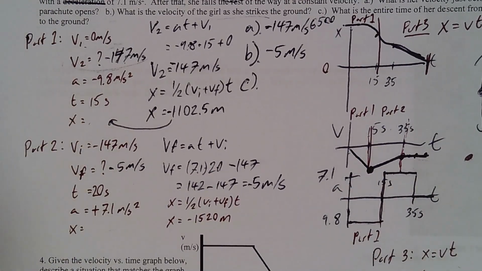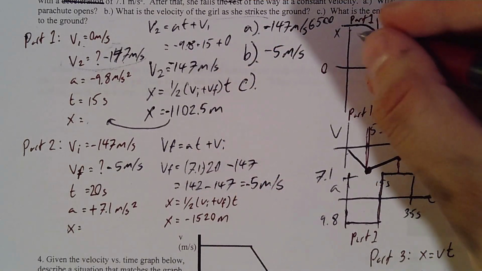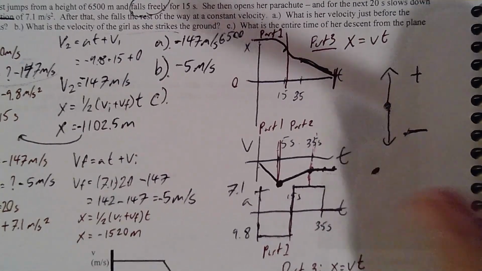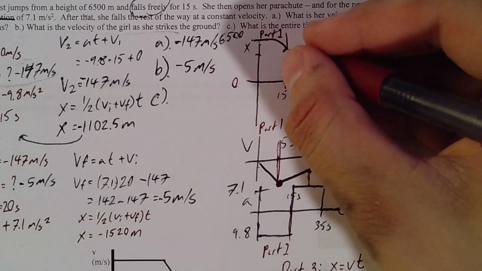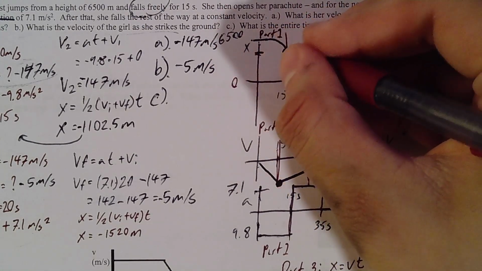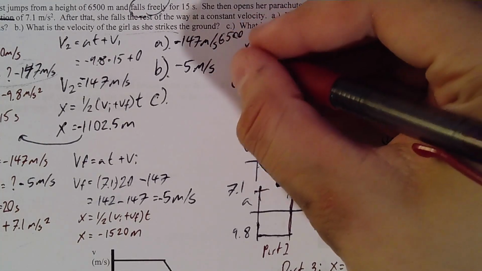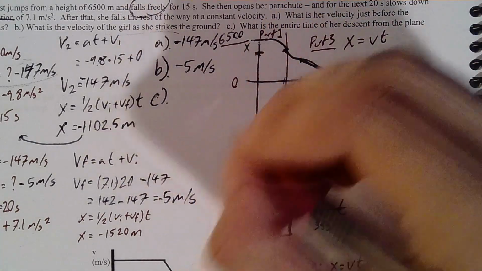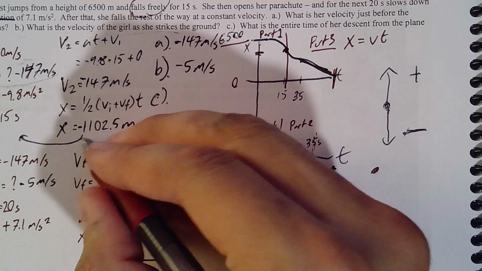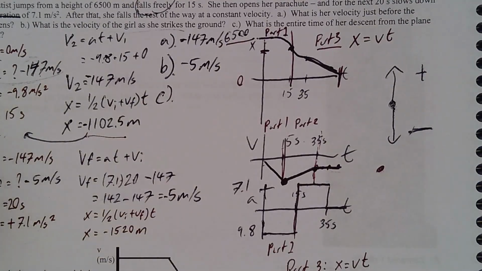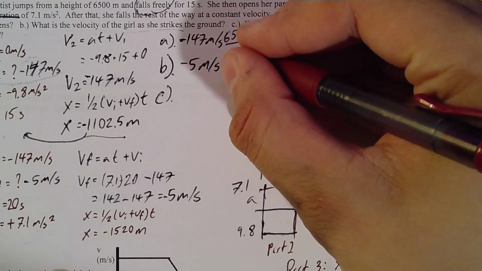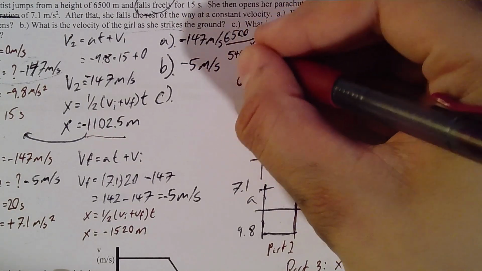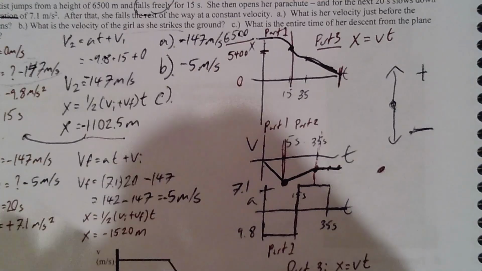Okay, lovely. We have these then. We know right here on our graph that this point, the point that marks the end of part 1, happens at 6,500 minus 1,102.5. Or we could say it's somewhere around 5,400, approximately.